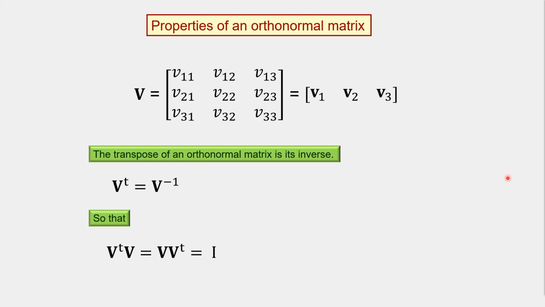Now, the orthonormal matrix has some beautiful properties. One of the most useful of these properties is the fact that to obtain the inverse of an orthonormal matrix, all we have to do is to obtain its transpose. Hence, V transpose V equals V V transpose equals the identity matrix.